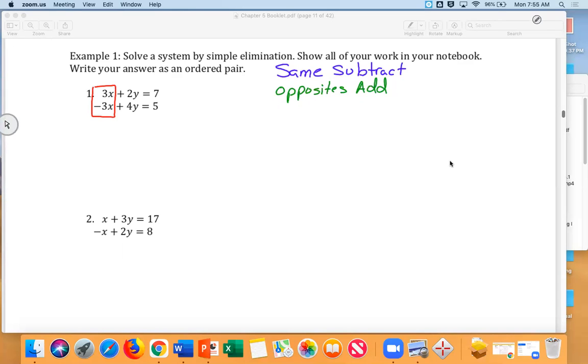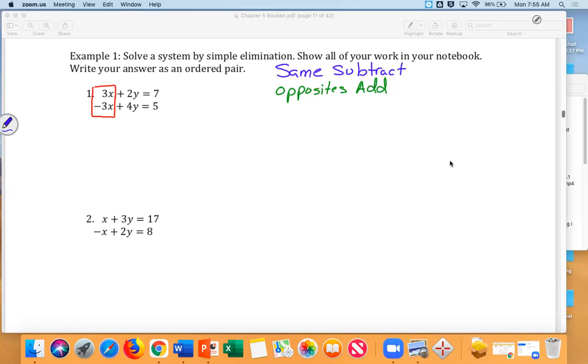Look at the numbers. So what we're going to do here is, because we have 3x and negative 3x, we're going to add the two equations. So what I like to do is box in the variables I'm trying to get rid of. That's why I put a box around the x's, because those are the ones I'm trying to get rid of here.